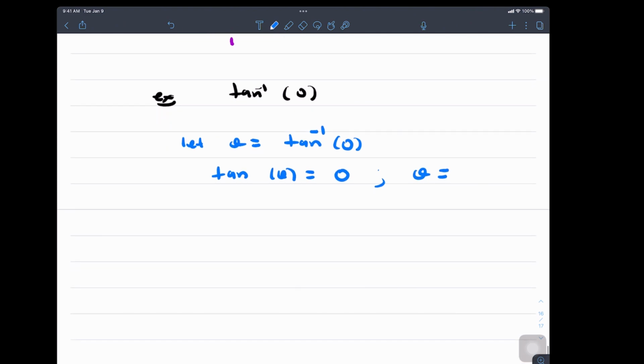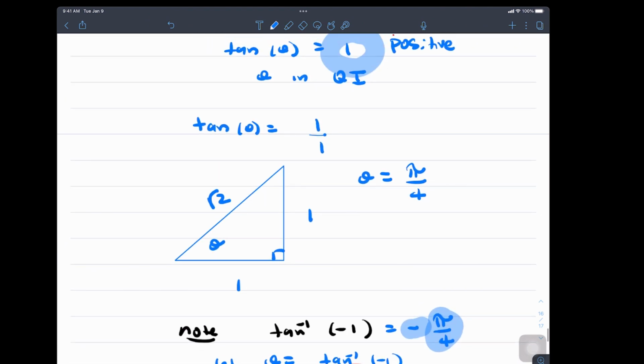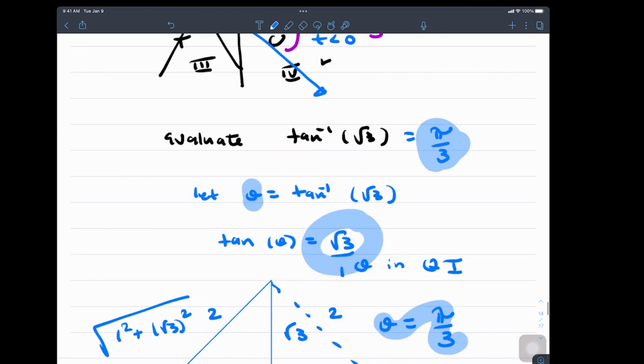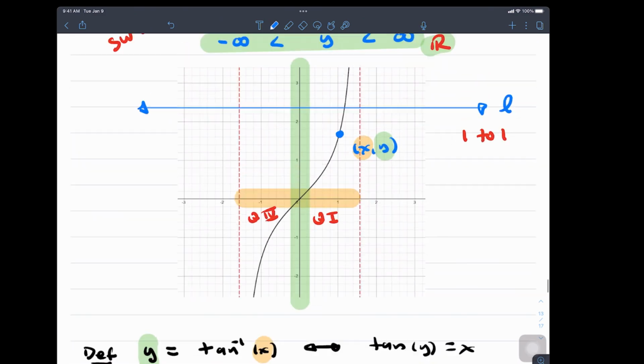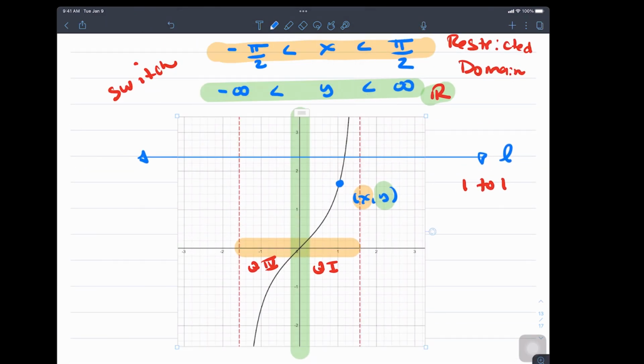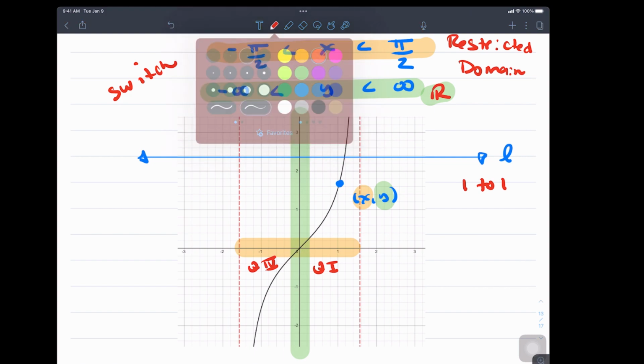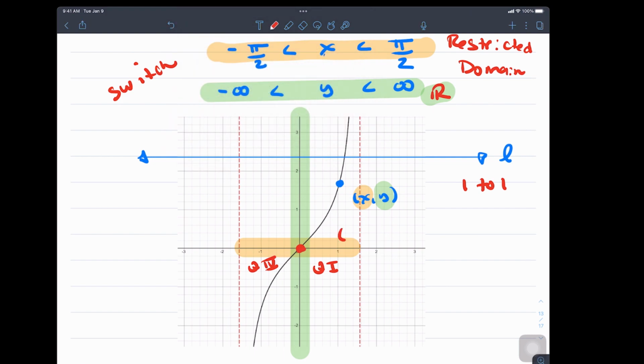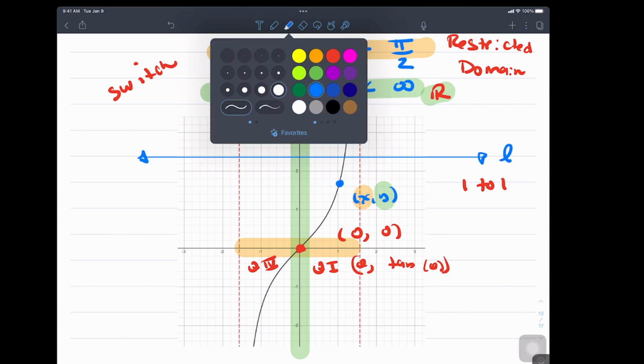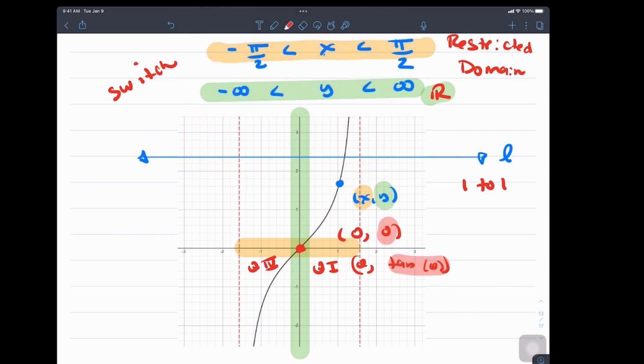You guys know? Well, I'm going to go back to the tangent curve. Okay, tangent curve is right here. 0, 0. So this first angle is theta, and this is tangent theta. So if you're saying tangent theta is 0, that happens when theta is what? 0, because that's the point 0, 0.